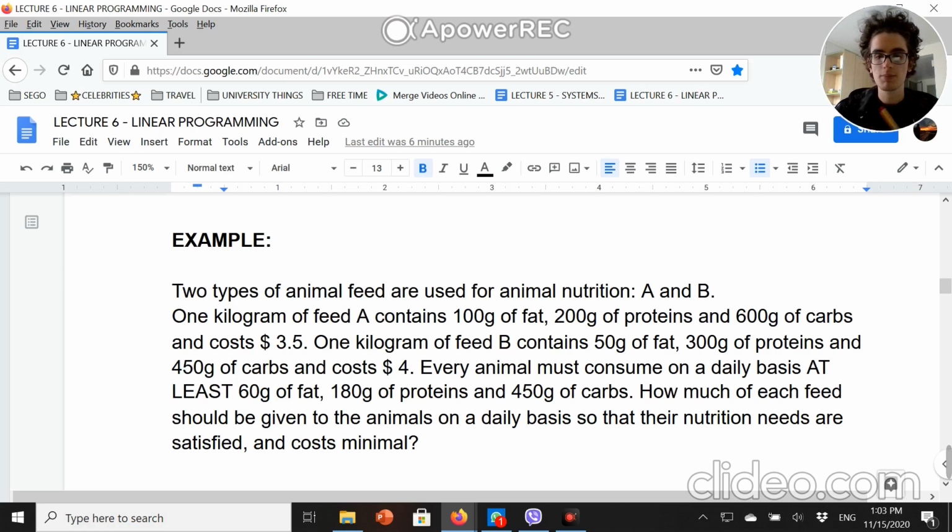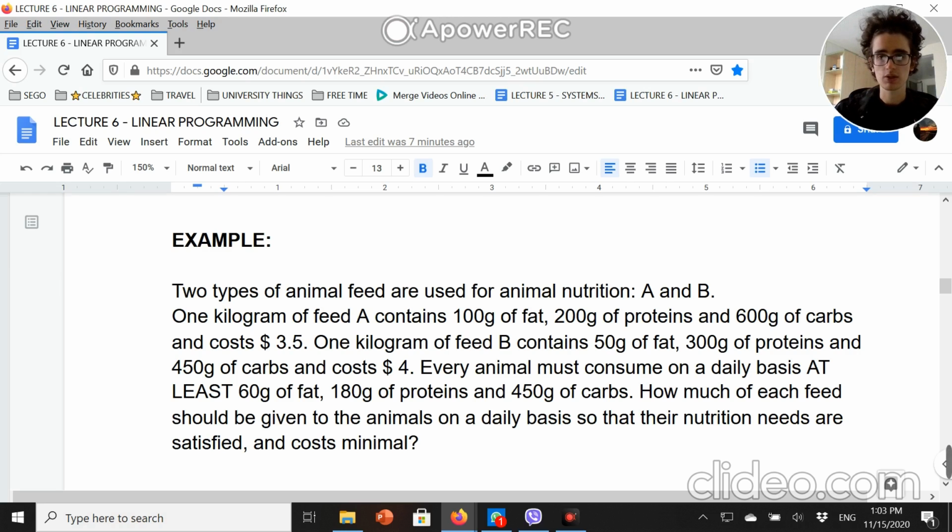Every animal must consume on a daily basis at least 60 grams of fat, 180 grams of proteins, and 450 grams of carbs. How much of each feed should be given to the animal on a daily basis so that their nutrition needs are satisfied and costs are minimal?